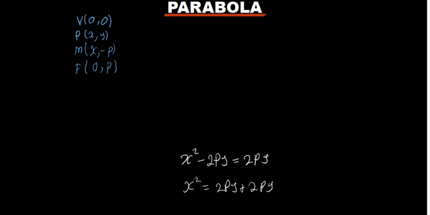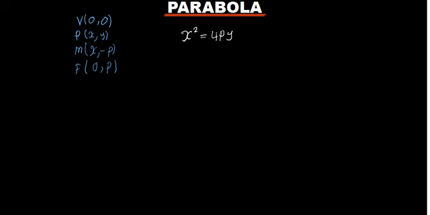So what you're going to end up having at the end is x squared is equal to 4py. So this is the general formula for the equation of the parabola when the vertex is at the origin.